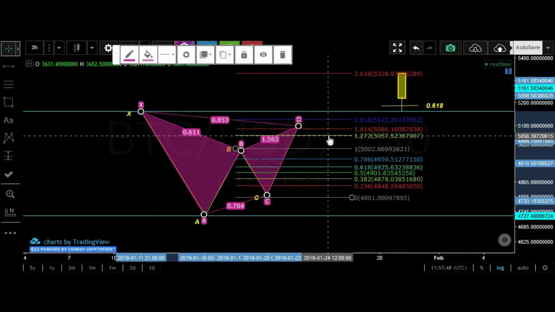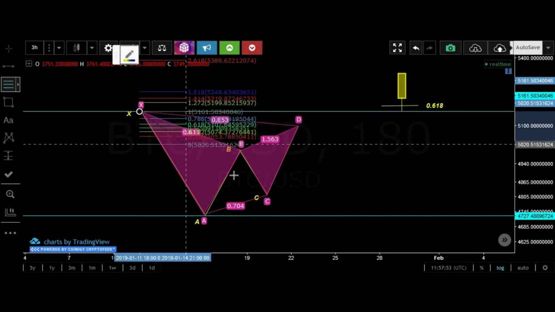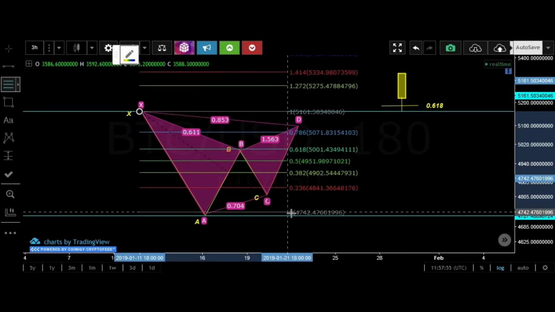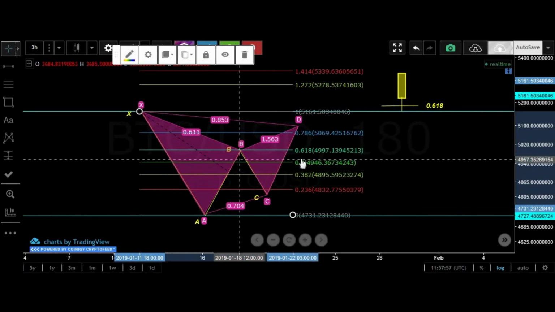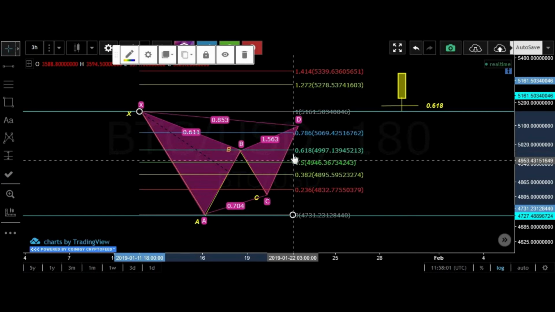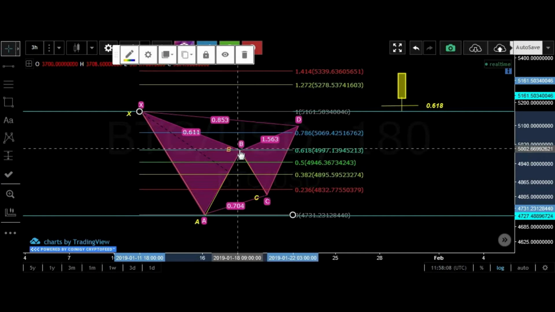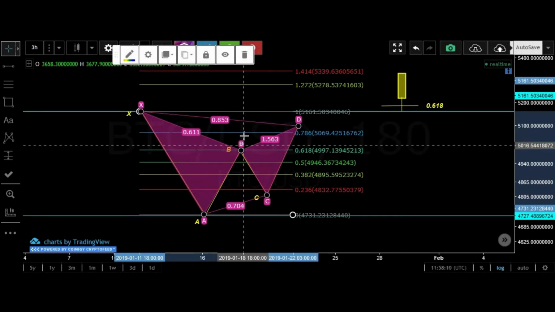Like I said, we have the X leg down to the A leg, which should be between the 0.618, where we have the body of the candle range in between the 0.618 down to the 0.5, but must not close above the 0.618.